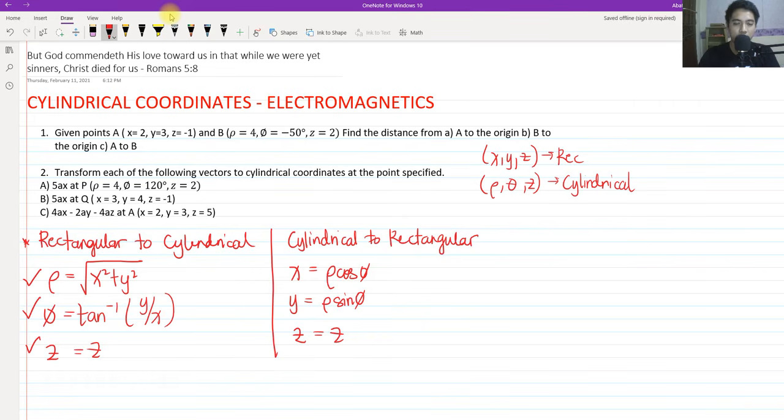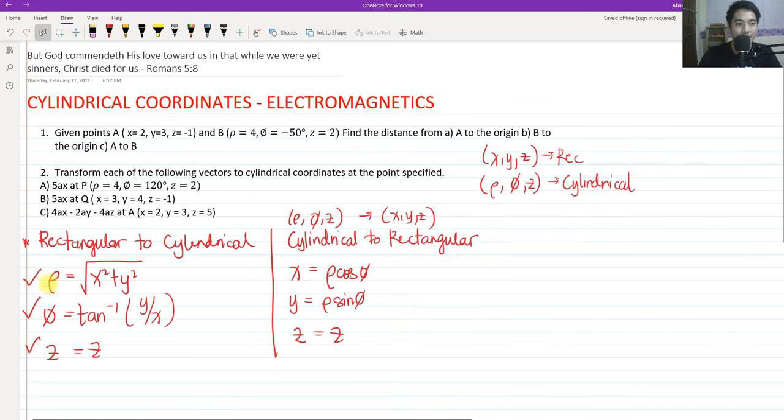If we wish to convert from cylindrical coordinates rho, phi, and z to x, y, z, we need to use the following formulas.